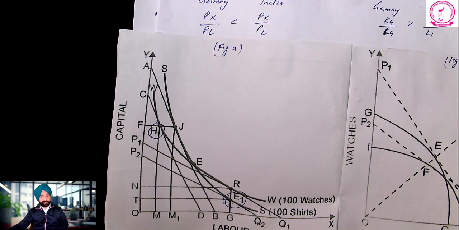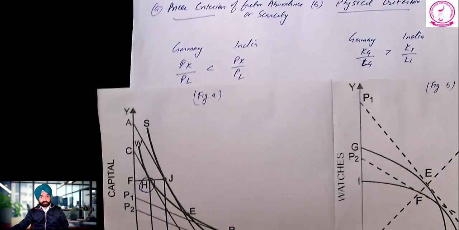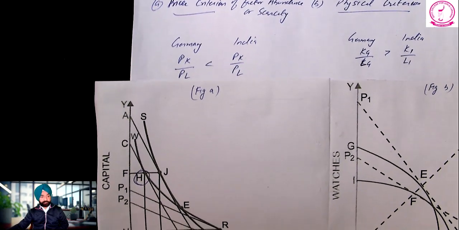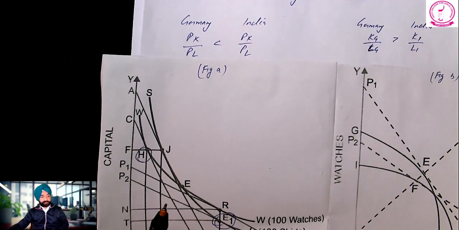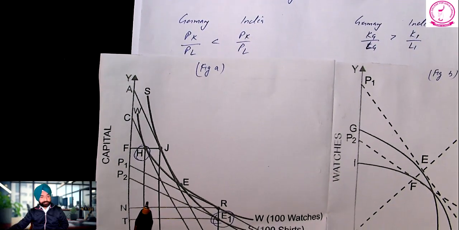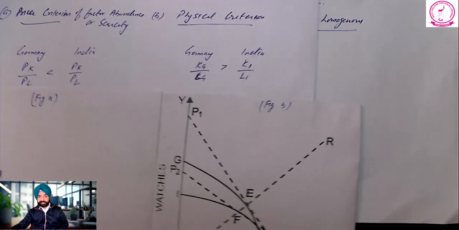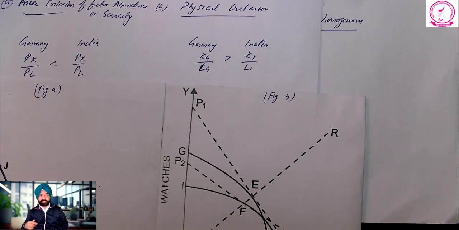So that's why this price criteria shows how much factor of production has been used by both the countries. Now, the second criteria is known as physical criteria. Remember, price criteria deals with the price of factors of production, but the physical criteria deals with the physical quantity of that factor of production.